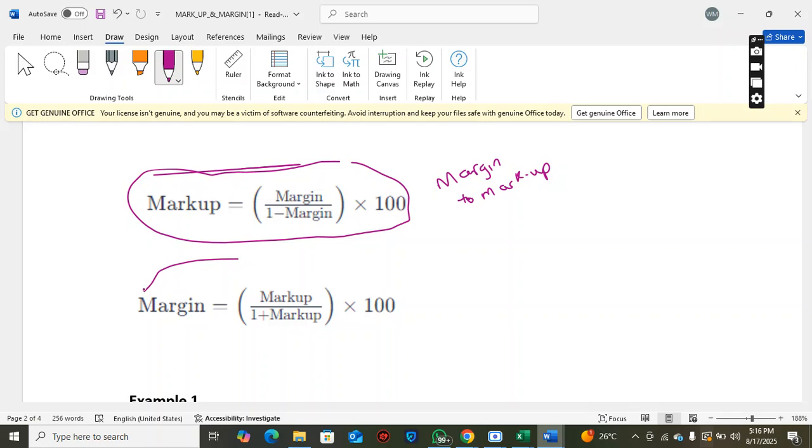And if you want to convert your markup into a margin, you use this formula. Markup to margin.